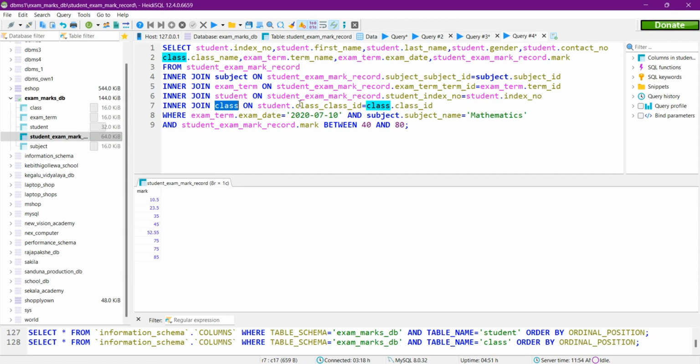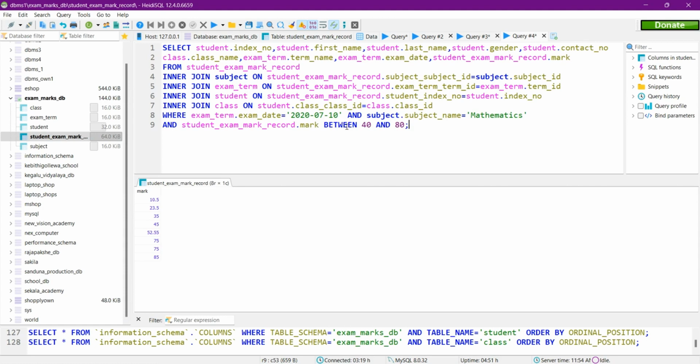We have given two conditions. The first one is the date, exam date, and then the subject should be mathematics. And if you come to the final row, especially in the question, they have told us to find out the students who got marks between 40 and 80. So you can see here we have written the keyword to find out the answer for the third question.